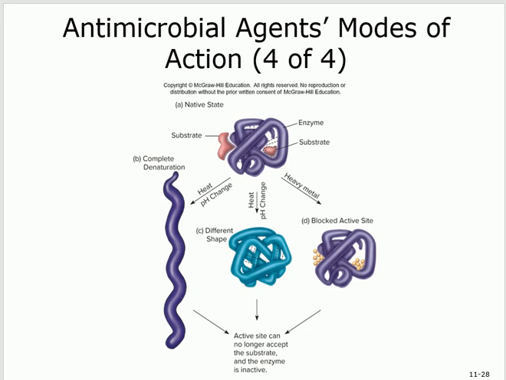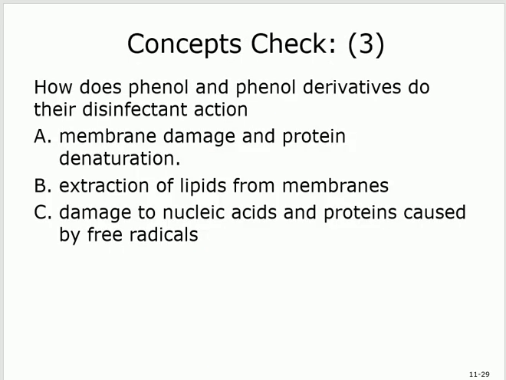So the active site is not available anymore, so the enzymes cannot work, so you are deactivating. This is when it gets completely denatured, like when you use the heat, it's folding like this, or the heat, or pH, or alcohol, or phenol. What is it going to do? It will change the nature like this. Can you tell me the answer for this?